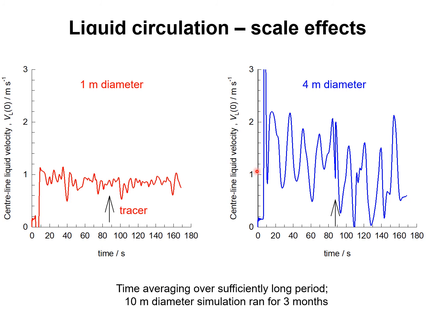Now, you need to time average the liquid velocity over long simulation times. Indeed, I will show the time averaged liquid velocities for a 10-meter diameter column, and those simulations were run for 3 months. Very, very expensive CFD simulations indeed.